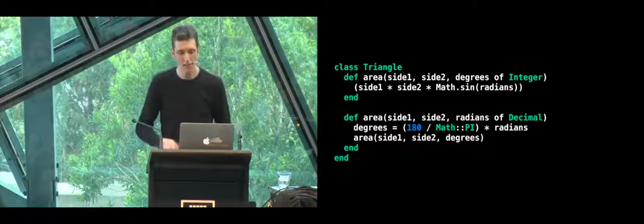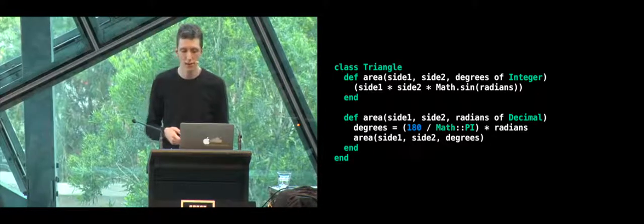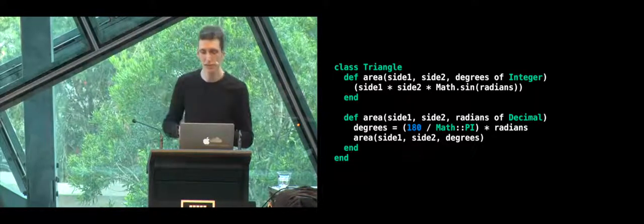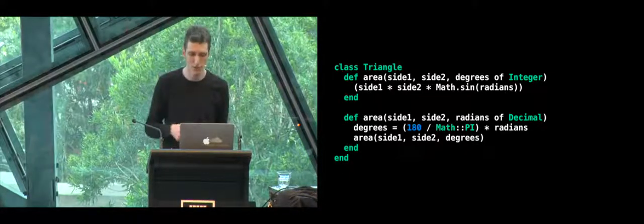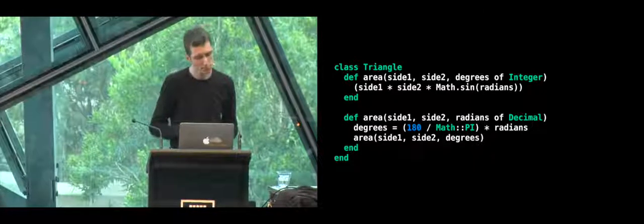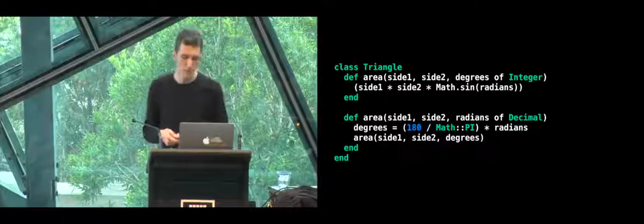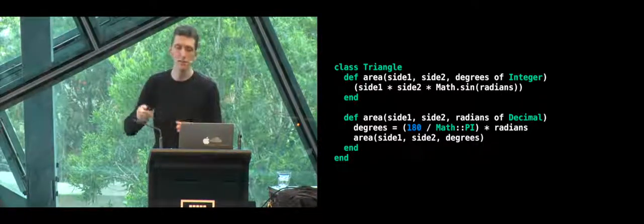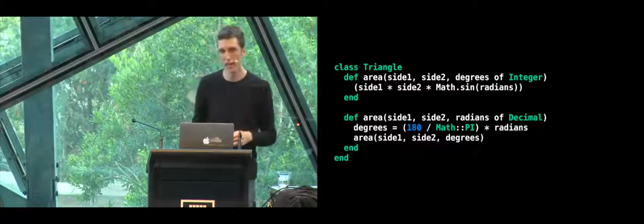I thought it would be cool if you could specify the degrees, the third argument, either in degrees as an integer or radians as a decimal. Again, I'm using syntax that I just made up. The nice thing about this is you can dynamically dispatch to different methods that have the same name as long as they're of different types.